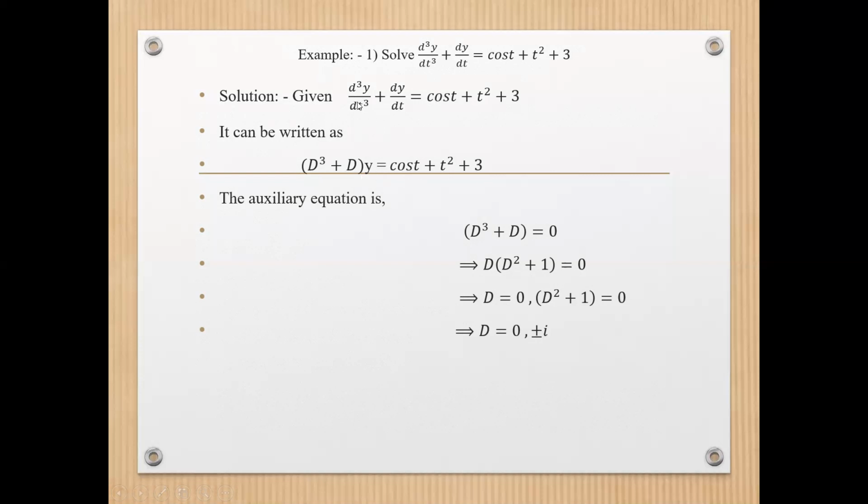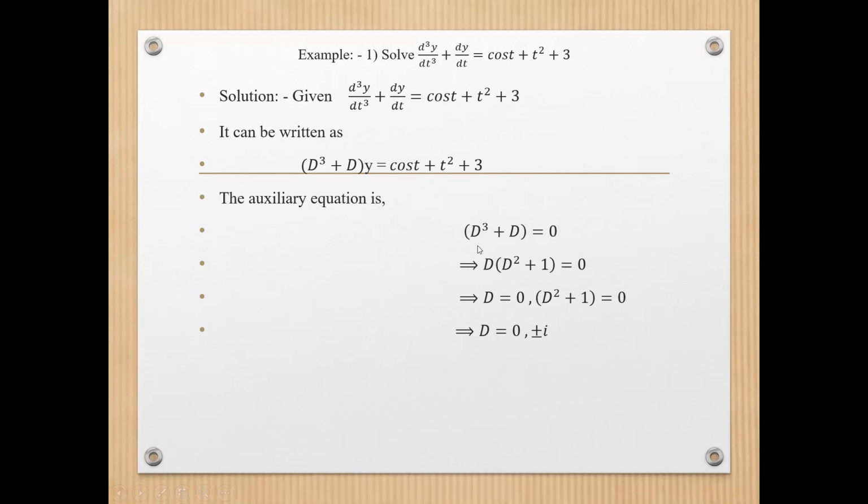Here d cube by dt cube is nothing but D cube, and d by dt is nothing but D. First we will find the complementary function. So for that we write the auxiliary equation.